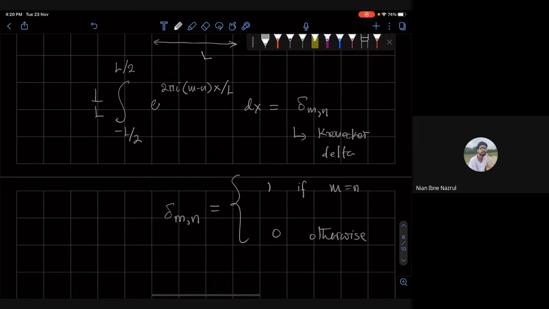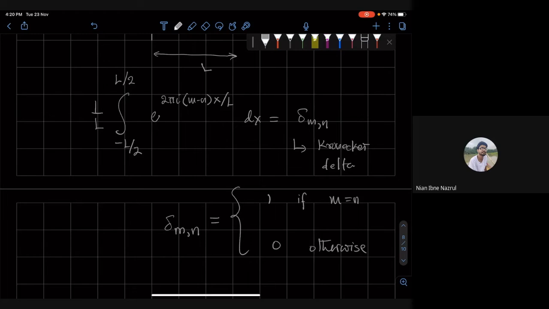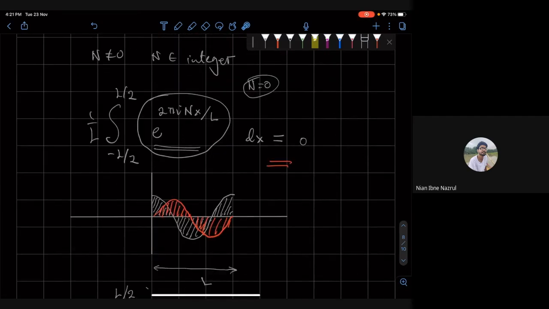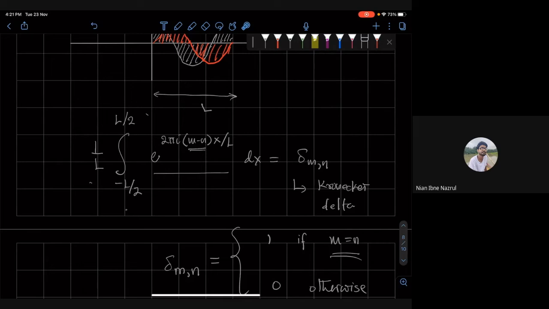Okay. So when m is equal to n, we see this exponent is 0. So the integrand is just 1 over L times 1. And when you integrate from minus L by 2 to plus L by 2, you get L, and that cancels this and gives you 1. If m is not equal to n, then by this argument, this becomes 0.